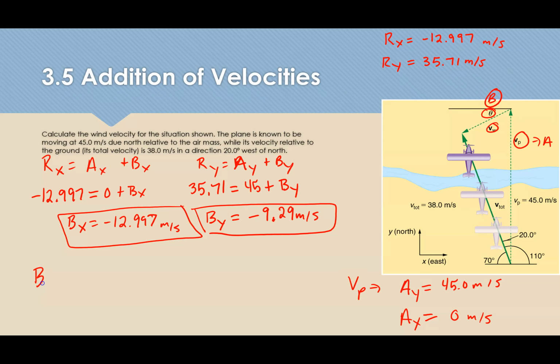So I'm going to do B equals the square root of the x and y components added together, and I'm going to do theta is equal to inverse tangent of the y over the x.